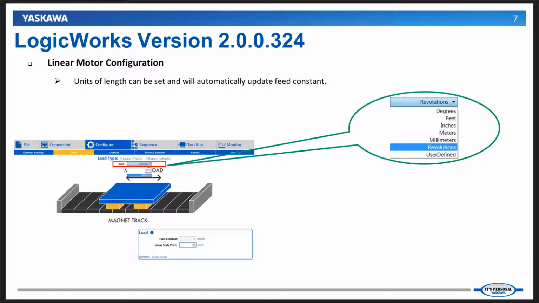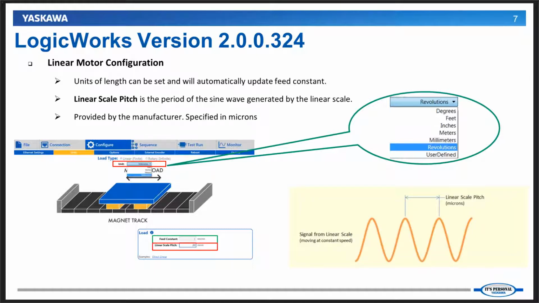So you have to set the unit of length, and the software will automatically set the feed rate constant so that the position command is sent as millimeter to the SigmaLogic unit. So you also have to set linear scale pitch parameter, which is actually a distance of 1 complete cycle of the sine wave generated by the linear scale.